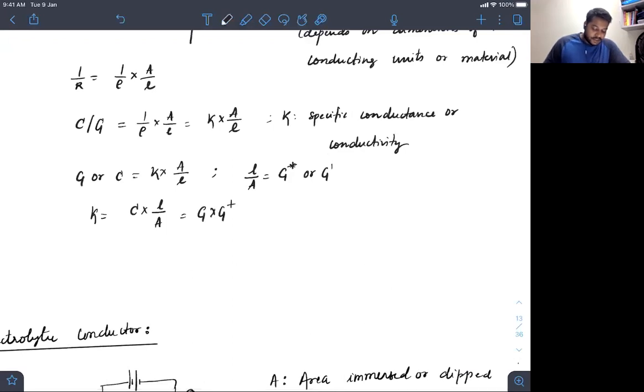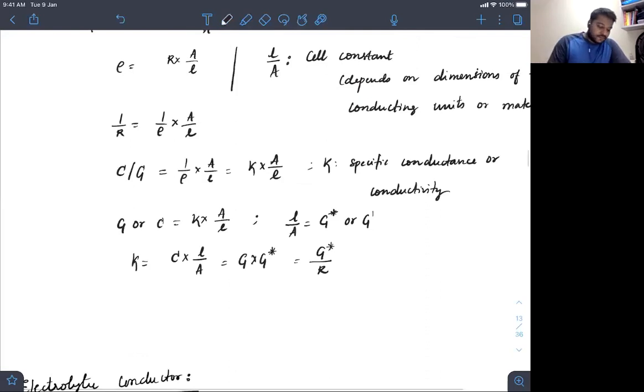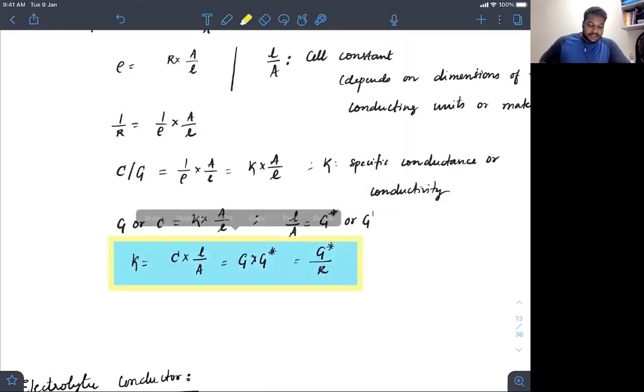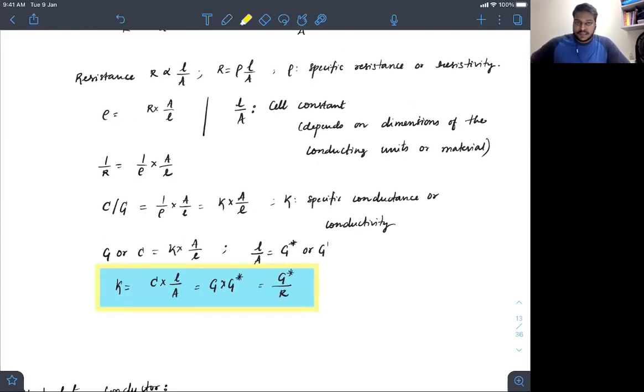C can be interchanged as G, and G can also be interchanged as 1 by R, so G star by R. This will be used a lot in this topic: what the cell constant is and how it is related to specific conductance. Formula-wise, that is all.